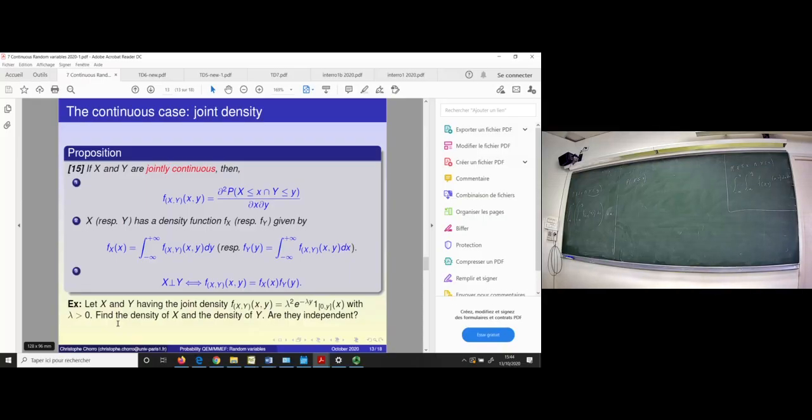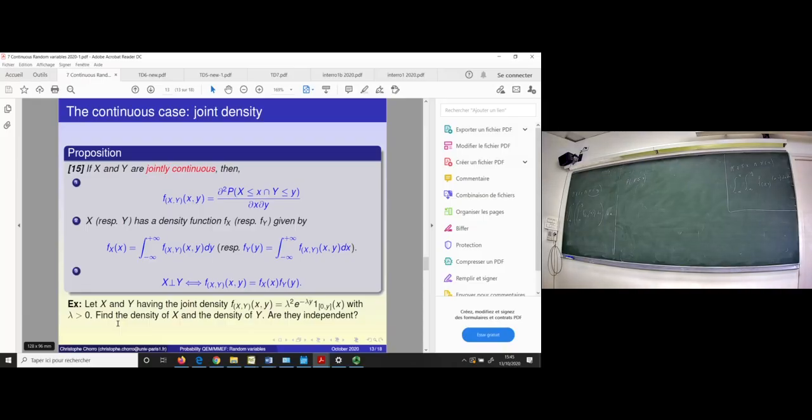So if you tell me I compute the partial integral and I will obtain the density, I am okay because it's the result we are going to prove, but I want to prove it. Then we can use the same logic as we did in the discrete case. The problem is that we are not in the discrete case, but you can use the same logic.